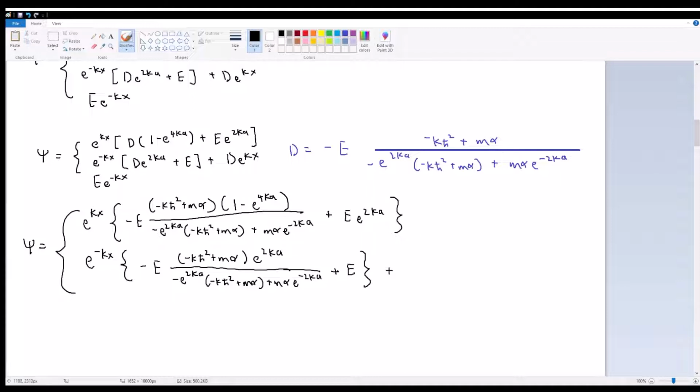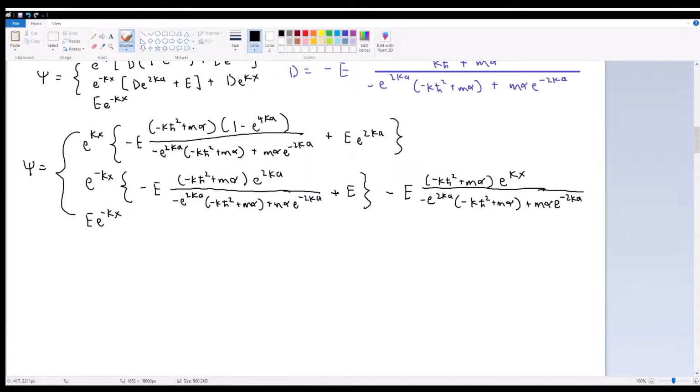And then we add d e to the kx. So actually this is minus e times negative k h bar squared plus m alpha multiplied by e to the kx, all divided by negative e to the 2ka times negative k h bar squared plus m alpha e to the negative 2ka. And then finally, at the bottom, we just have e times e to the negative kx.